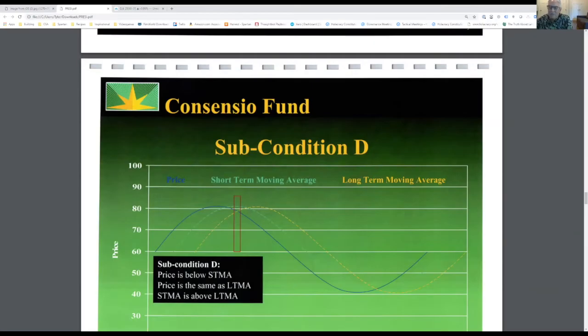Subcondition D, the price is below the short-term moving average. We've seen this over and over again in the last 2 weeks. Many of my clients, our consulting clients, have been asking, doesn't that mean I should be taking something off the table? And the answer is yes. But if 10 people ask me that question on the same day, I might go yes, yes, no, no, no, yes, yes, no, yes, no, yes.